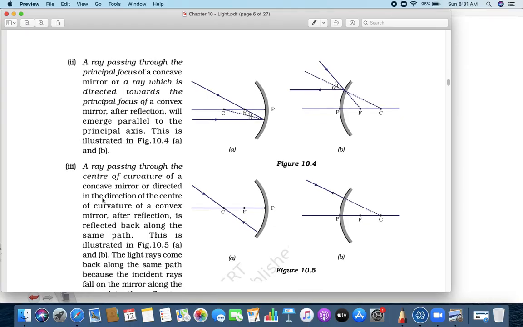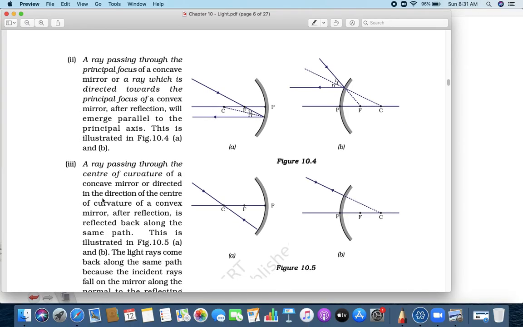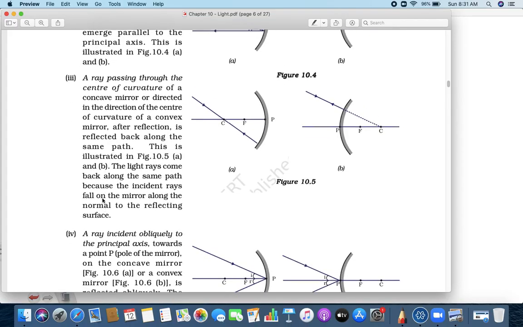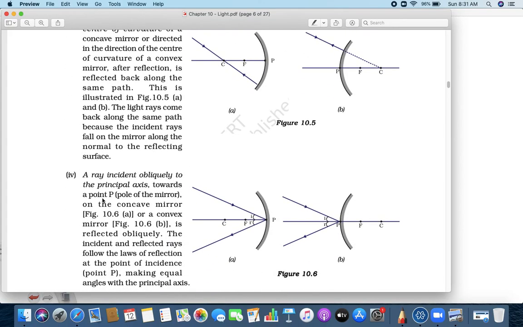The third: if an incident ray passes through the center of curvature, after reflection it passes through the center of curvature only. And the fourth: if a light falls at the pole, after reflection there is no fixed path, but the angle of incidence is always equal to the angle of reflection.